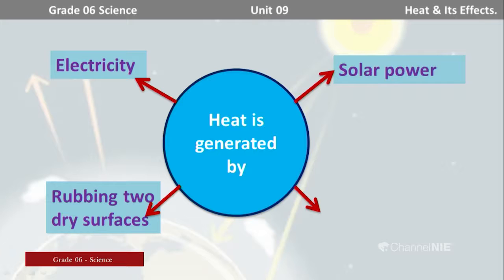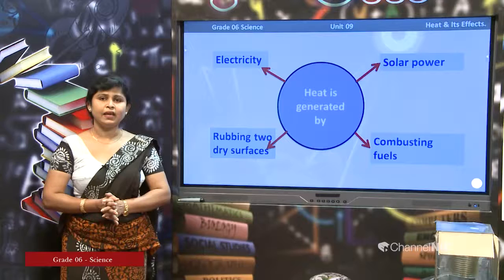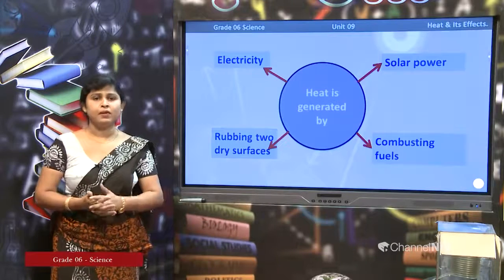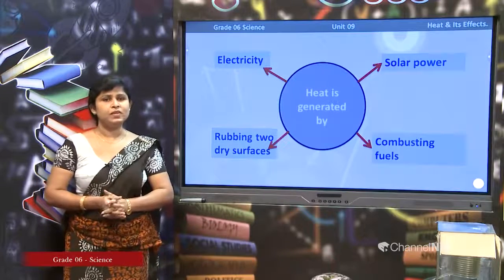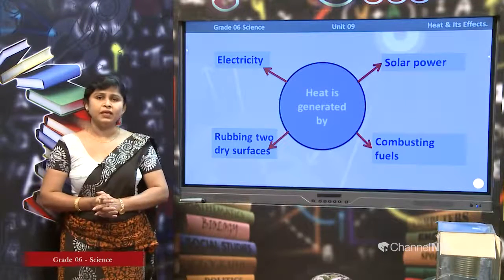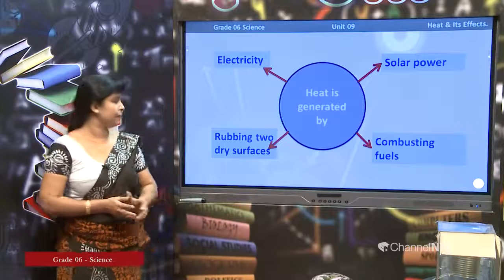We can rub two dry surfaces together, then the heat is generated. And by combusting fuels, you already know it, by combusting different types of fuels we can obtain heat. Right? By burning firewood, by burning fuel, liquid fuel, solid fuels, we can obtain heat energy by combusting the fuels.